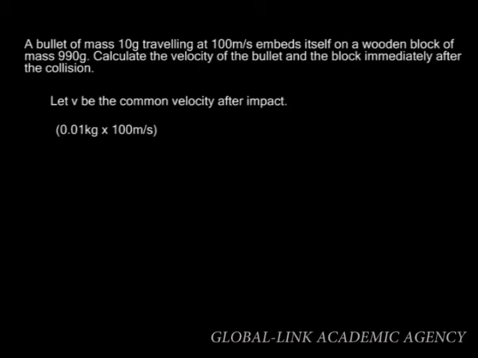The block is at rest, so we shall have mv, 0.99 kilograms times 0, which should be equal to the momentum after collision. That is 0.99 plus 0.01 times v. So we shall have 1 plus 0 is equal to 1v, and v is 1 meter per second. So the common velocity is 1 meter per second.